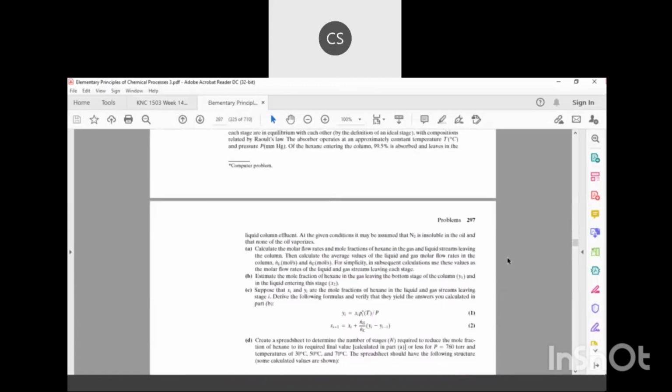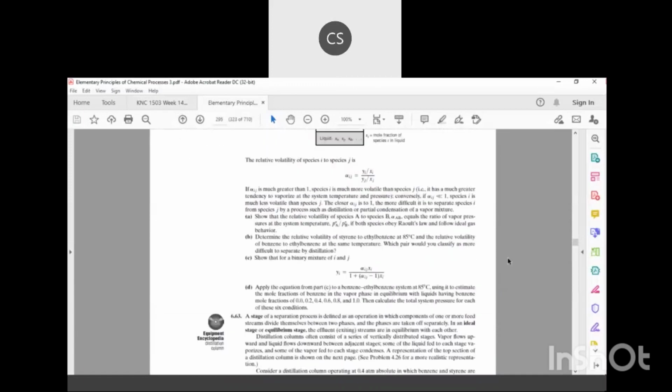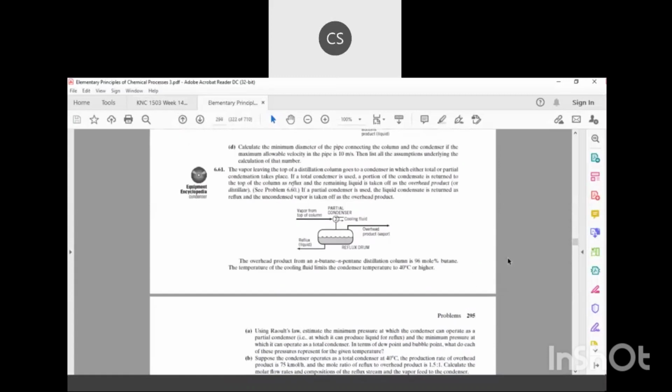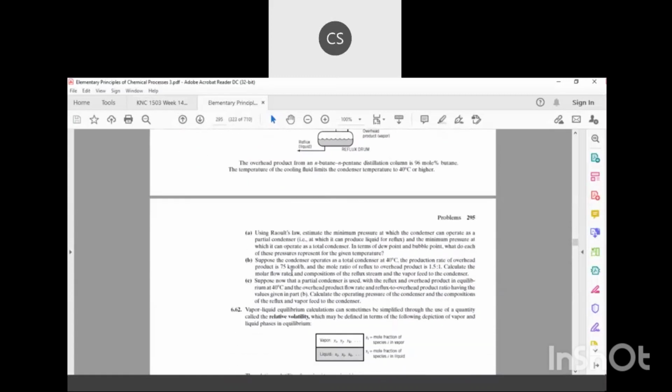Let me see. Okay, for part B1. Now suppose the condenser operates as a total condenser at 40 degrees Celsius. The production rate of overhead product is 75 kilomole per hour, and the mole ratio of the reflux to overhead product is 1.5 to 1.